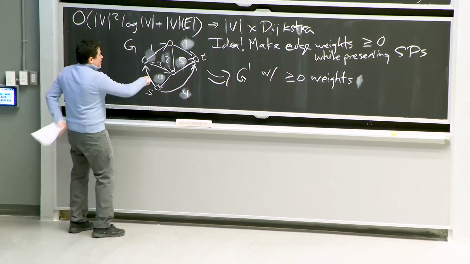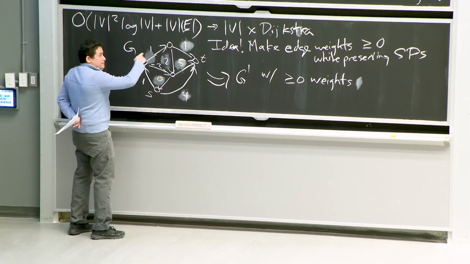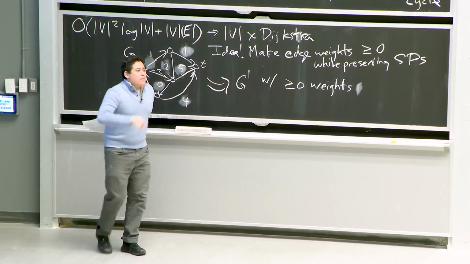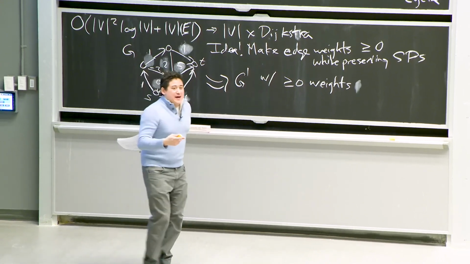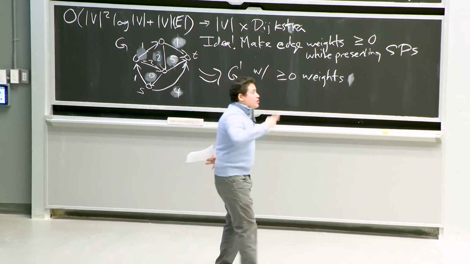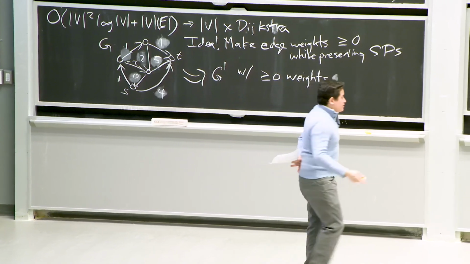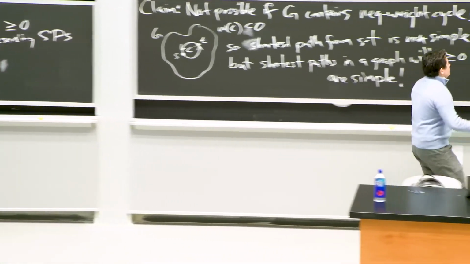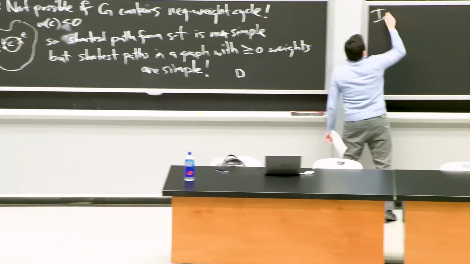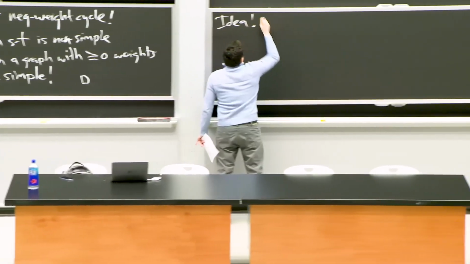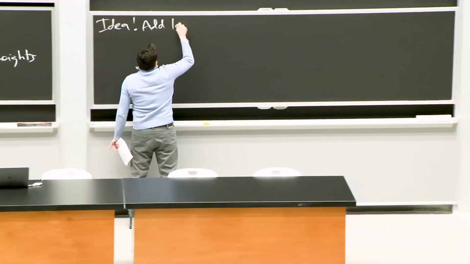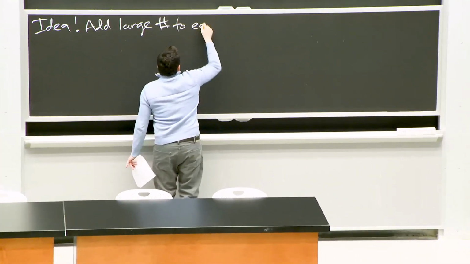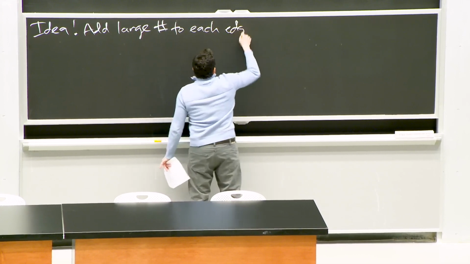In particular, if I added the same edge weight to every edge, I will bias toward taking paths that have fewer edges, not just smaller weight. Okay, so that first idea doesn't work, right? Idea: add a large number to each edge.